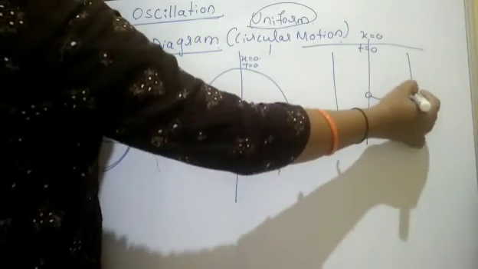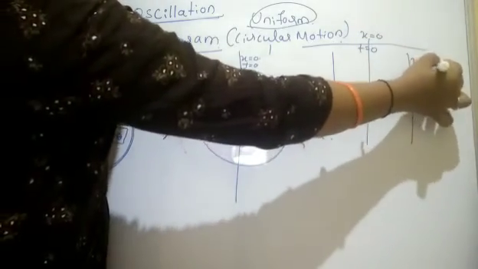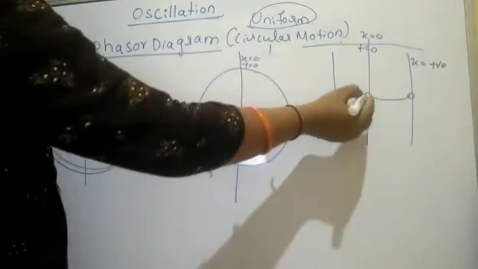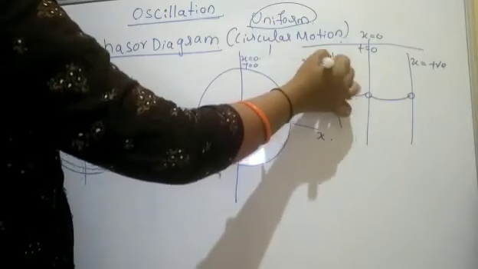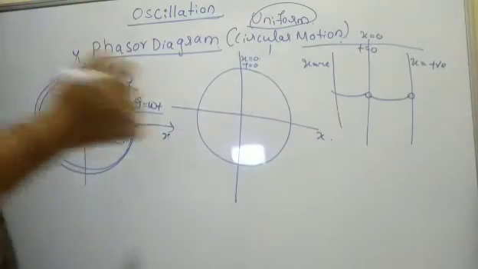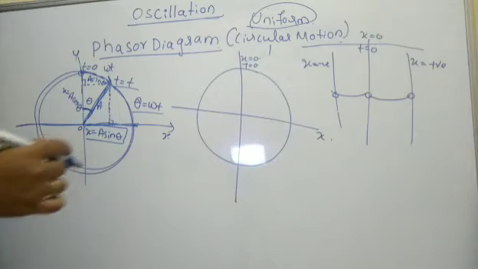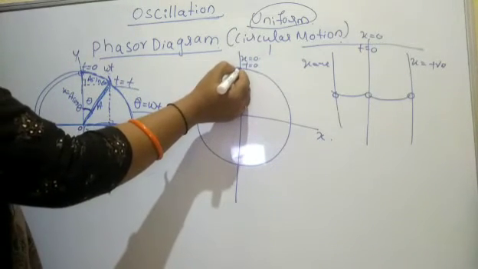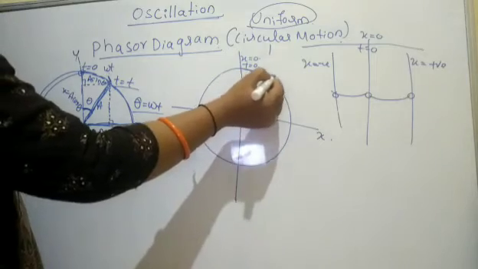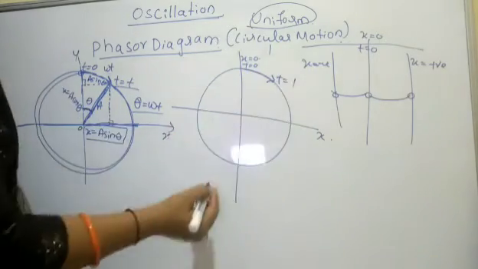When it is moving towards the extreme position, x is positive, right? And it is moving towards the negative extreme position, minus x, right?